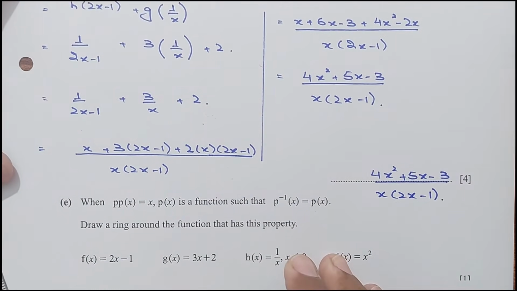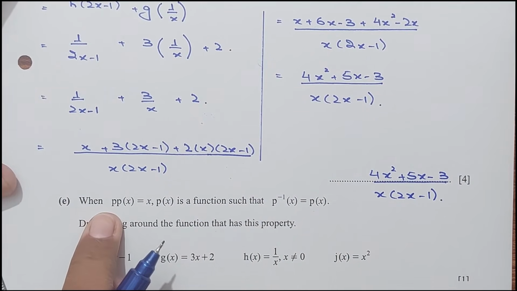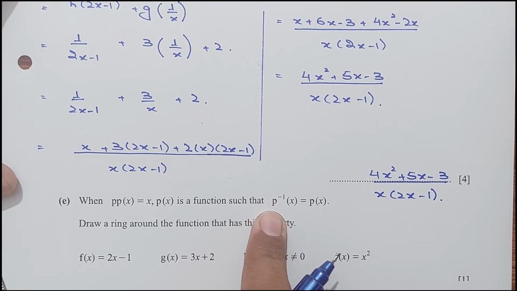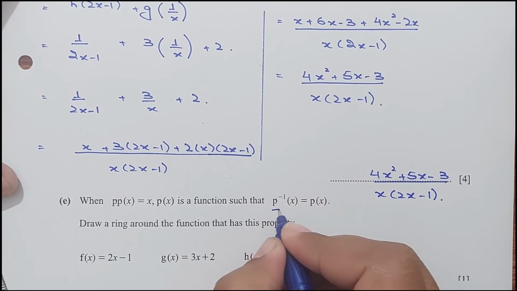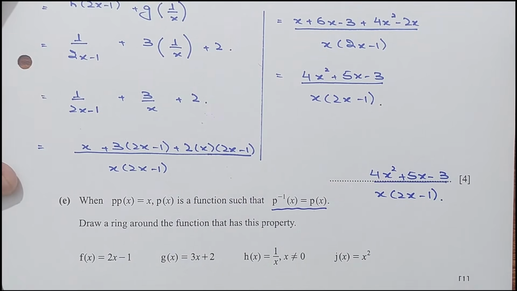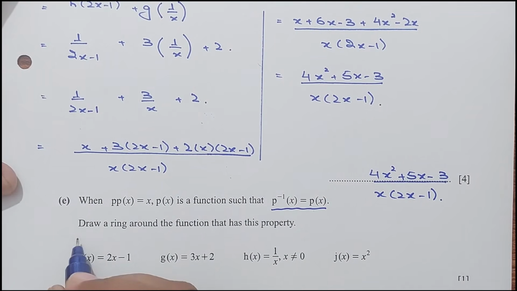Now for part E, p of x is a function such that p inverse of x equals p of x. So this is a self-inverse function, where the function and its inverse are the same.